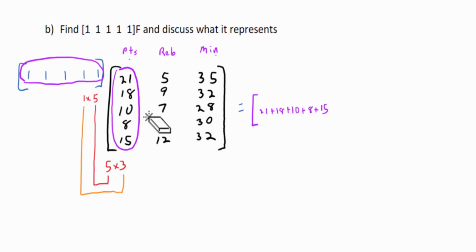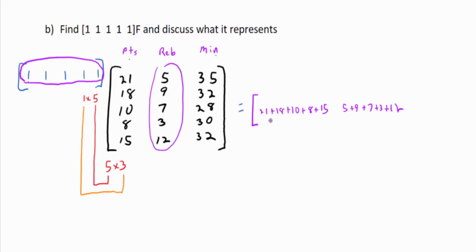And then you can predict, oh, if I want the second entry, I multiply that row of ones times the second column. Again, I'm just going to be taking 1 times 5 plus 1 times 9 plus 1 times 7 plus 1 times 3 plus 1 times 12. Okay, and then third entry, same idea.